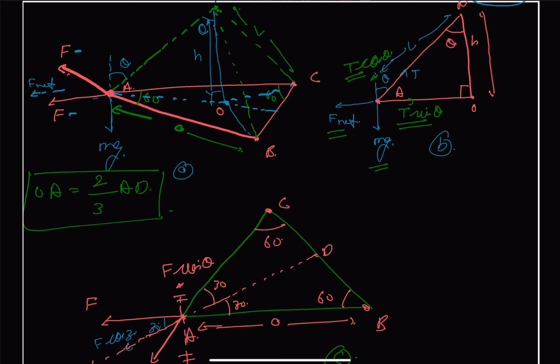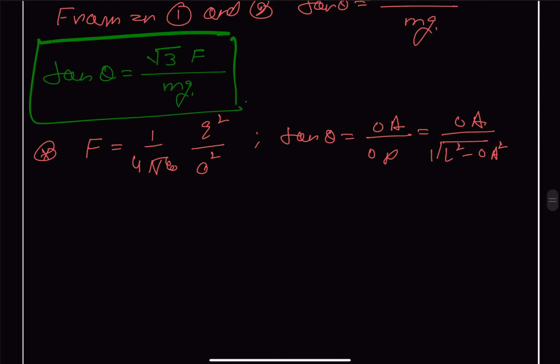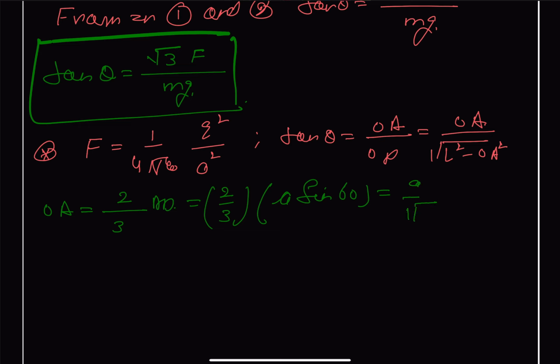This is point D, so OA will be 2/3 of AD. So we can say that OA is equal to 2/3 of AD, and AD will be equal to A sine of 60, which comes as A square root of 3 over 2. Therefore, we found out our OA.